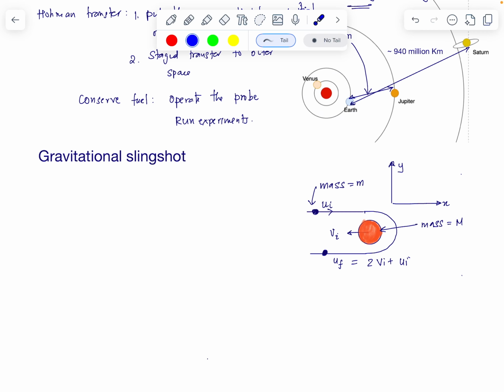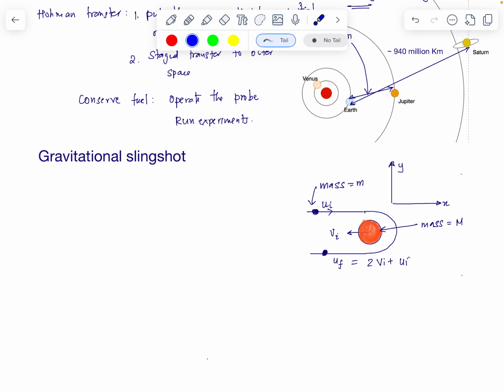So let us consider the physics of the gravitational slingshot. As I mentioned before, here the spacecraft, with a mass m, is traveling with a speed of ui, and it goes past a planet, which is traveling with an initial velocity of vi, and it has a mass of capital M, and capital M is much greater than little m.